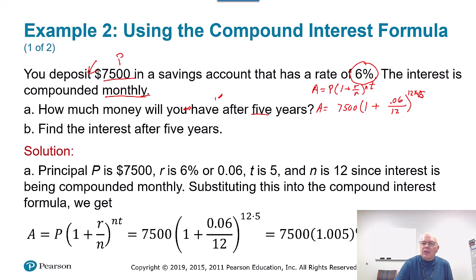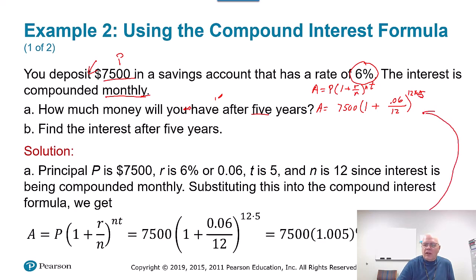So there's the expression you need. And your next challenge really is, can you put that all in your calculator and get the proper result? So you can see down below here, that's the result for the amount.